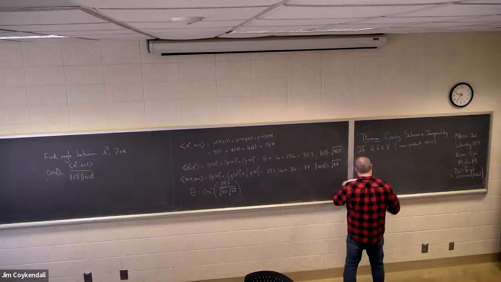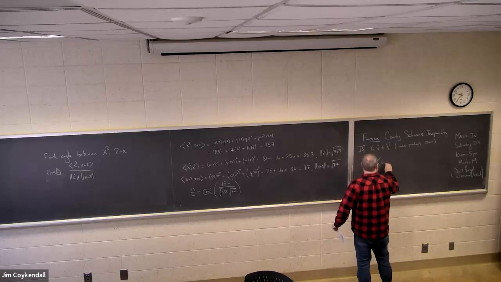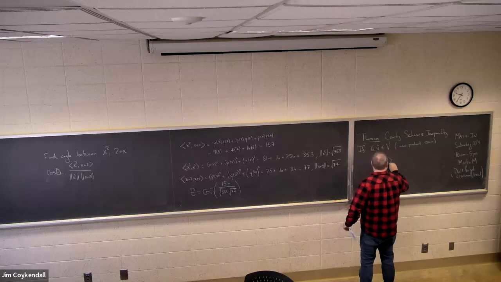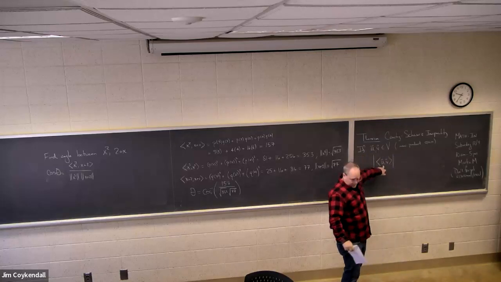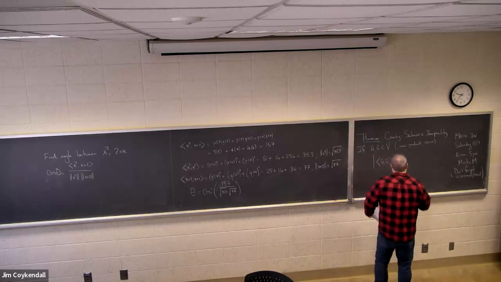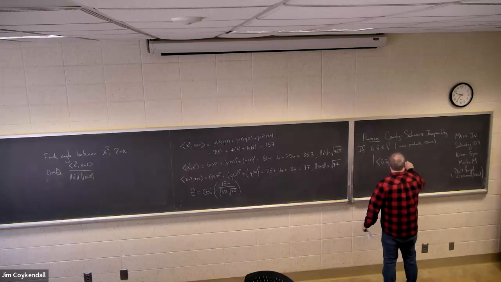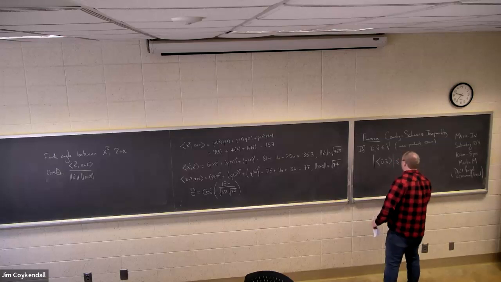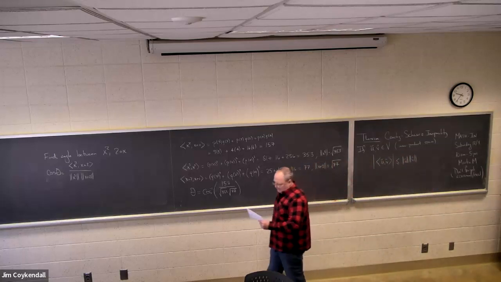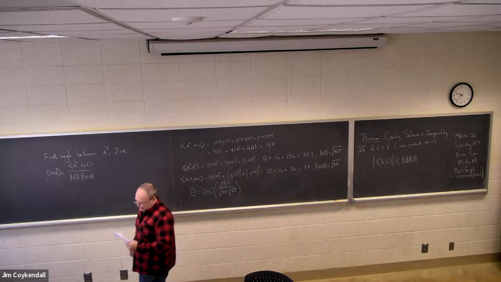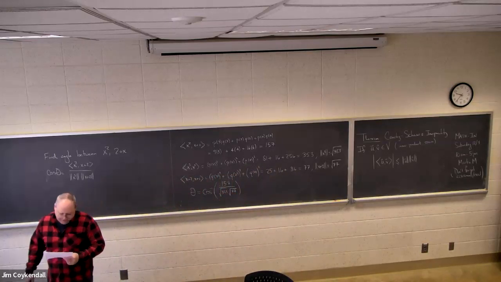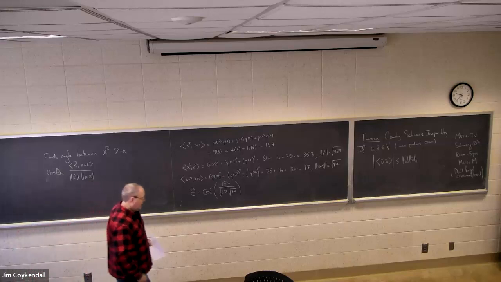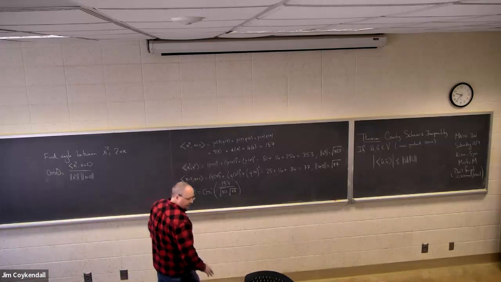Then the inner product of u and v is some number, positive or negative. When I take its absolute value, I get a number, and that number is less than or equal to the length of u times the length of v. So the size of the inner product is less than or equal to the product of the lengths of the two vectors involved.